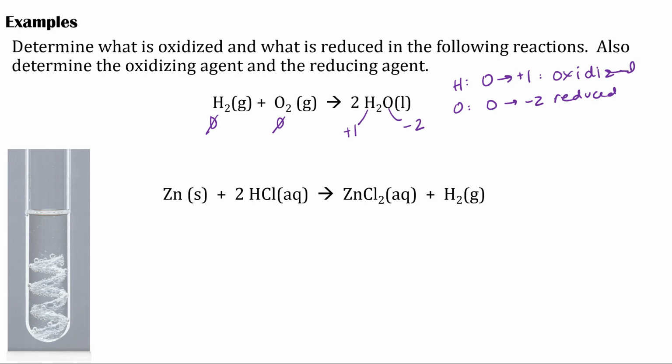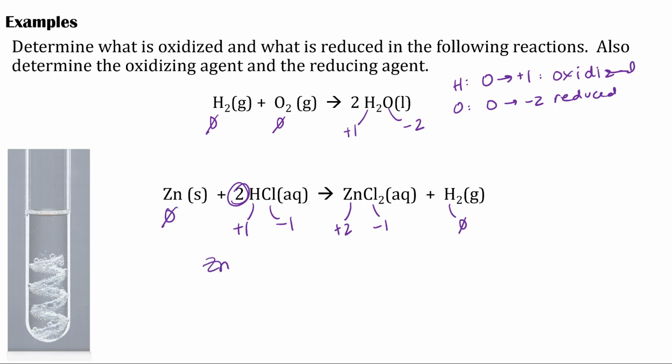All right, so zinc would be 0 here, chlorine -1, hydrogen +1. Notice that I'm ignoring these coefficients. They don't matter. Chlorine is -1, zinc would be +2 because we have 2 chlorines, each at -1. This is ionic, so you can just use charges. And then hydrogen is 0.